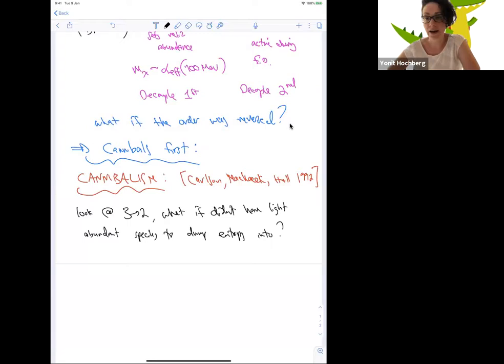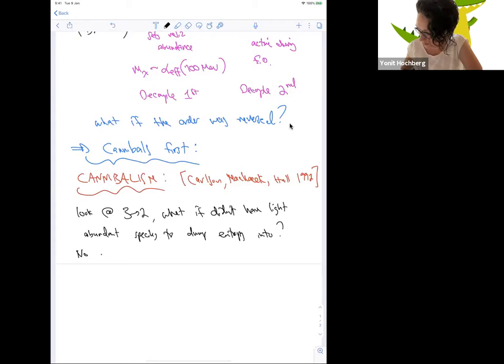This could literally be that we don't have an interaction with some type of bath particle, or that there is no bath particle available. Maybe it's a dark sector with a mass gap, many different ways in which this could happen. But what if we don't have a way to dump this entropy? If this is the case, then as we mentioned yesterday, there's no reason that this dark sector, these dark particles, need to have the same temperature as the standard model.